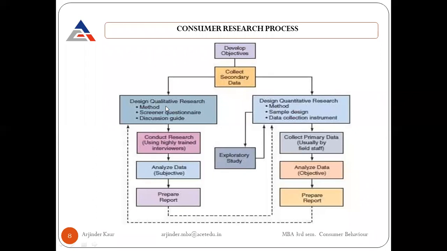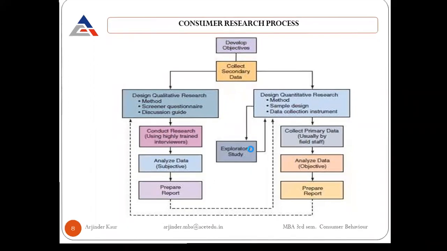In case of qualitative research, the research is being conducted by a highly trained researcher, and in case of quantitative research, primary data is collected generally by the field staff. And after collecting the data, that data is analyzed and a report is prepared. And that report is again used for the purpose at hand.